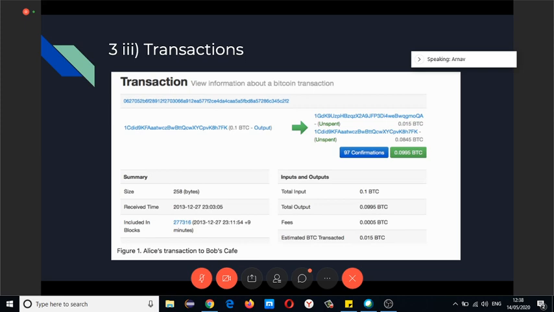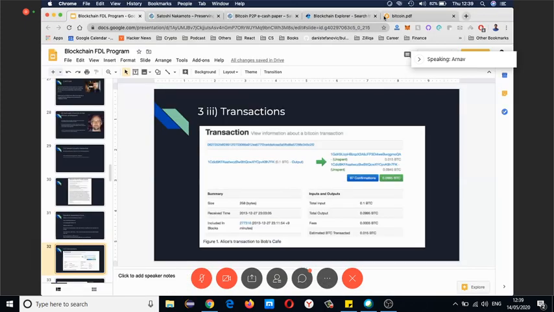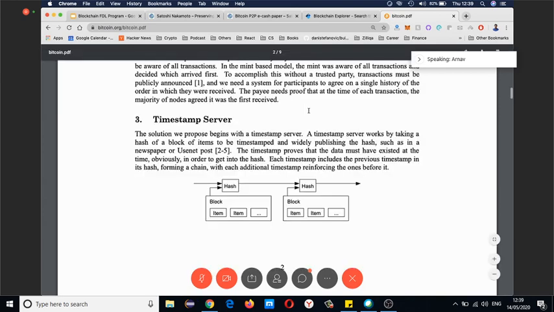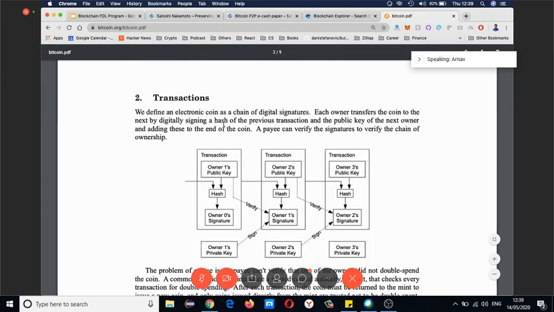So that's how this system works. And I think that's essentially in the Bitcoin white paper. That's how they explain the transaction flow that I just explained.